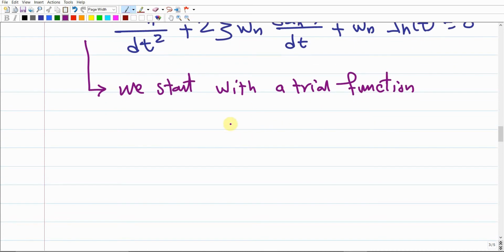A common trial function is i_h of t equals K e to the S t, where S is a constant, K is another constant, t is the time, and e is the exponential function of S times t.